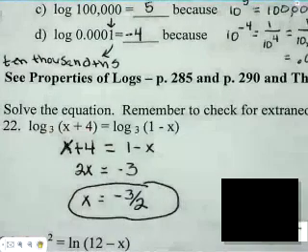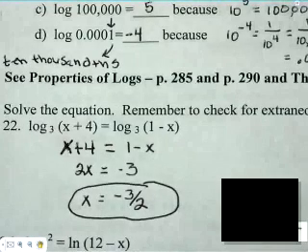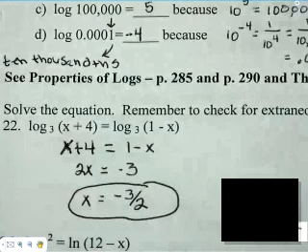I know what I can't have under a square root, or I'm outside the realm of real numbers. I also know what I can't take the log of. I can't take the log of a negative number or 0. Now that doesn't mean I can never get a negative answer. Well, I got a negative answer right here and it checked. Log base 3 of 2.5 does equal log base 3 of 2.5.